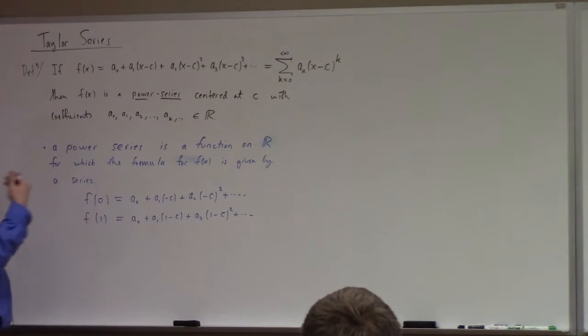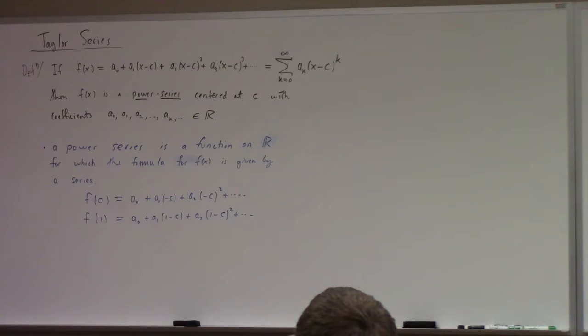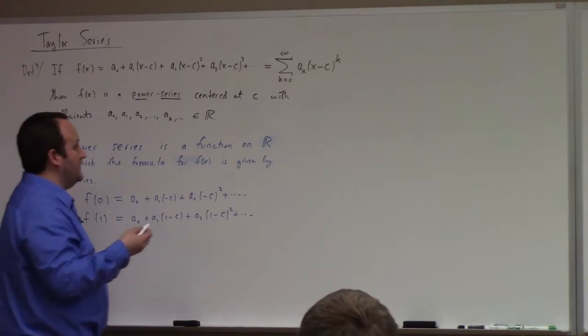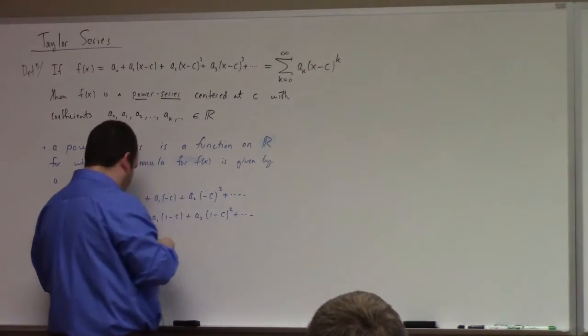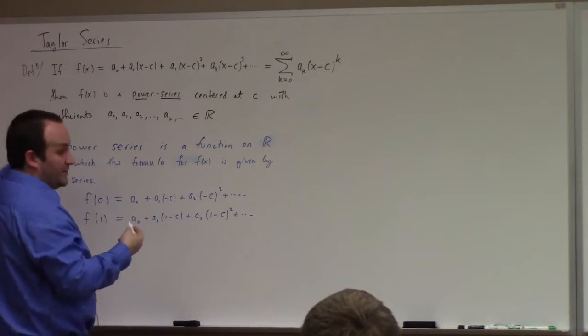It'd be that series. Now, what I just wrote may or may not be nonsense, actually, for a given power series. What I'm trying to say is my definition up here isn't quite done yet.